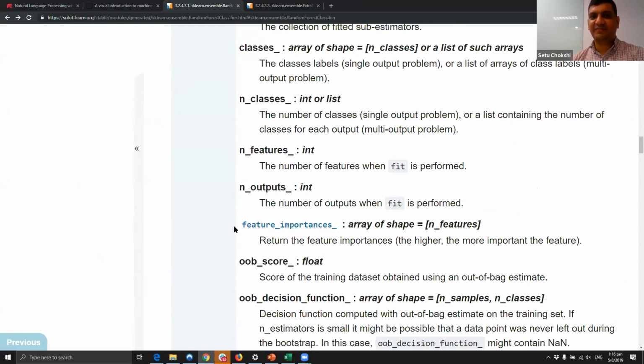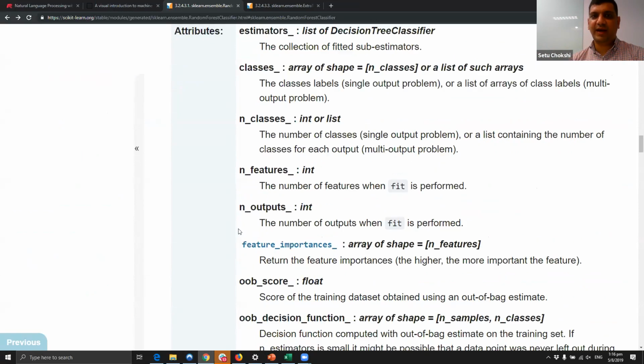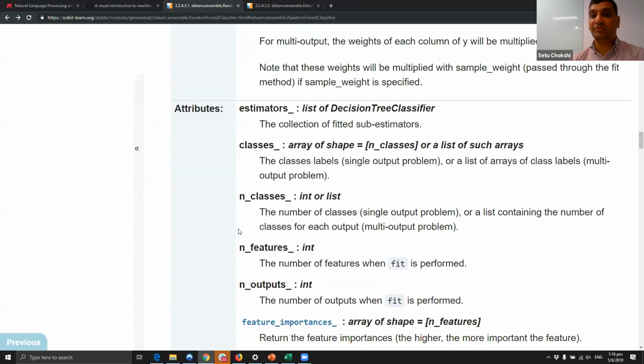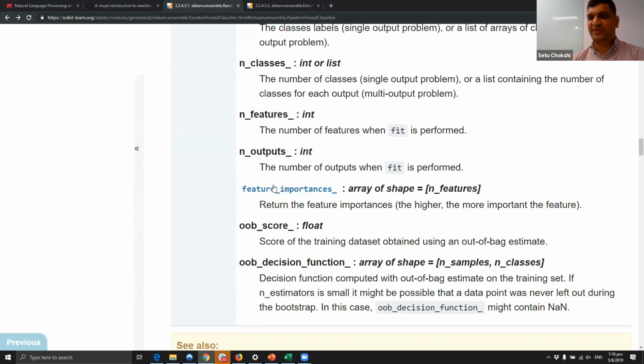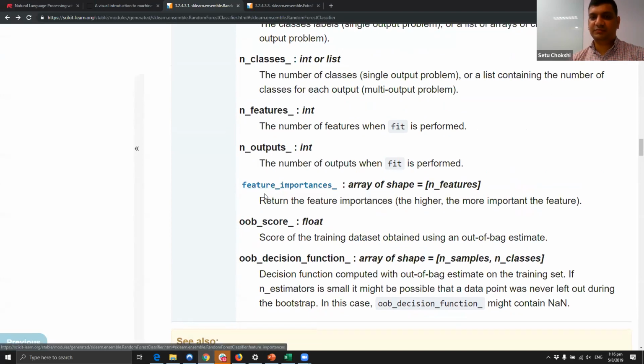So I'm going back to my Scikit Learn. One of the attributes that you can pull out from the tree is going to be feature importances. So you can just pull this value out and plot a histogram or a chart, and then you can see all the best features that have been used. If you sort it, you can see the best features that have been used. So that's something that you can play around with.